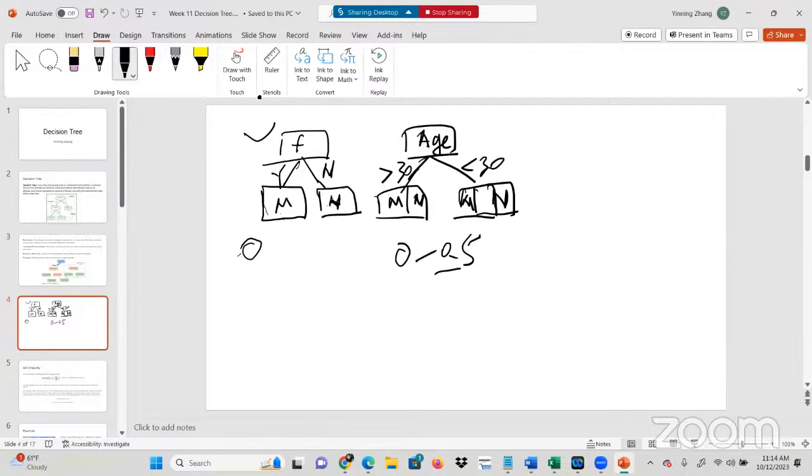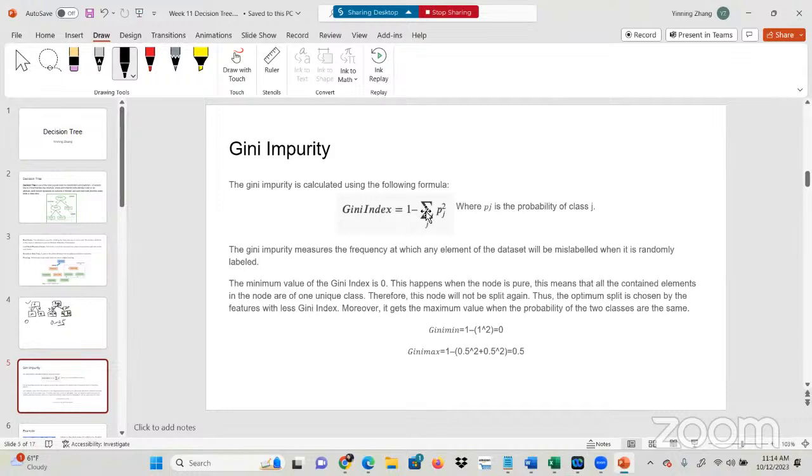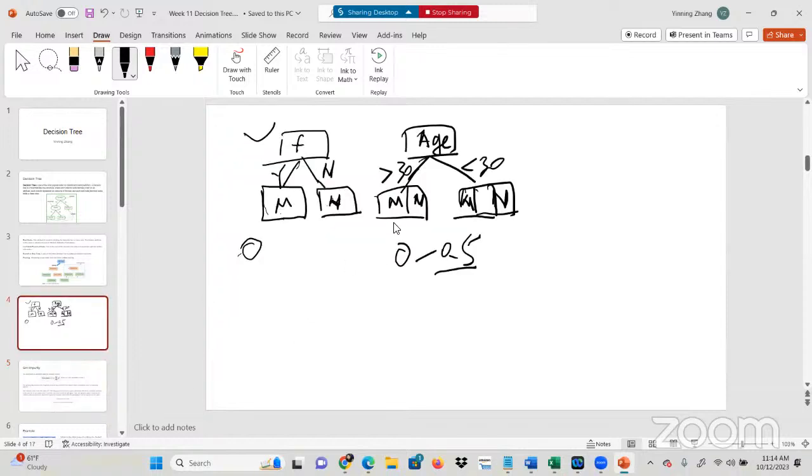Why is it 0.5? Because the equation for Gini impurity is this one: 1 minus the probability squared, the probabilities squared altogether. For example, if it's half-half, two people buy a minivan and 2 people don't buy a minivan. This is half-half.